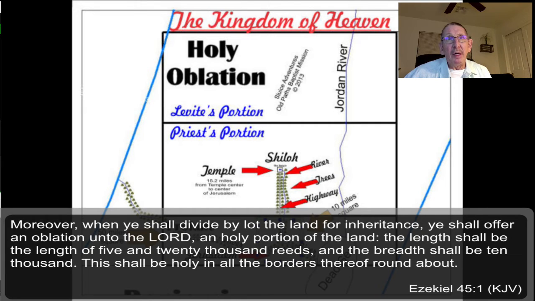What they're trying to say is that this could be cubits, and if you were to change that to cubits, it makes this area about 8 miles wide. That doesn't make sense at all, only because there are other places in the Bible that use reeds. So we're going to show that a little bit, so we don't get confused and we understand why it's 50 miles, not about 8 miles.